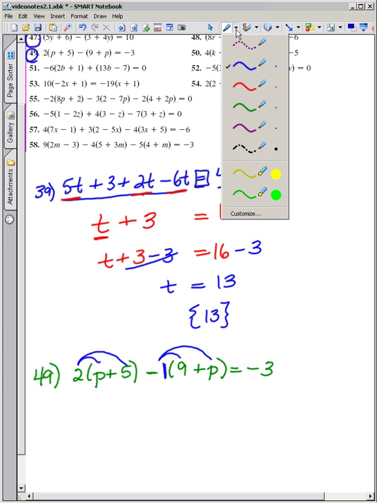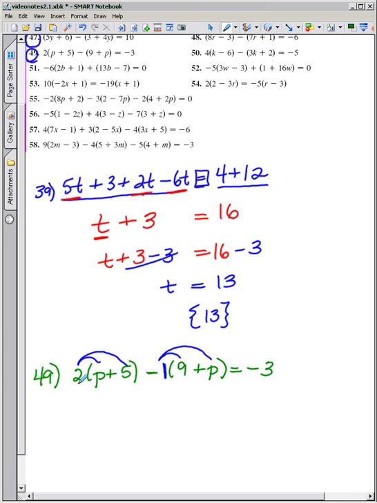So when we distribute, we get the equation 2p plus 10 minus 9 minus p is equal to negative, because a -1 times a positive p is negative p. Now we can combine some like terms here, right? 2p minus p is p. 10 minus 9 is plus 1, and that is equal to -3.